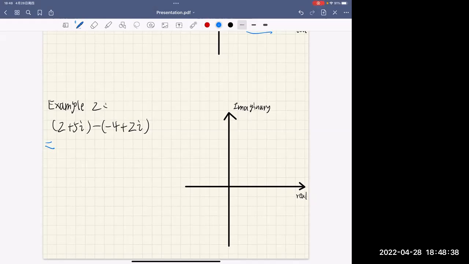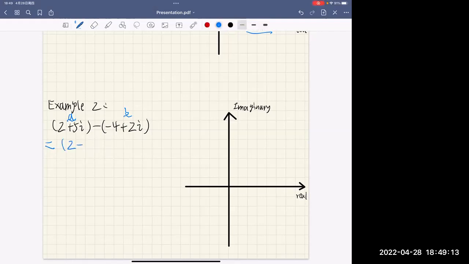So let's say 2 plus 5i is the complex number A, and negative 4 plus 2i is the complex number B. So we firstly subtract their real components together, right?